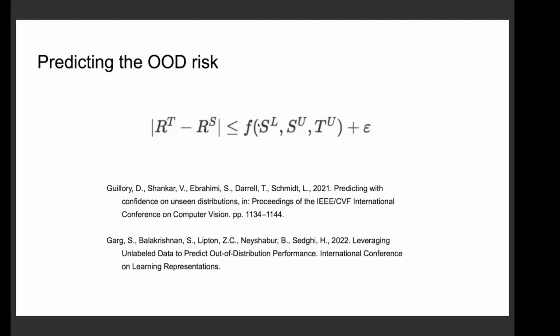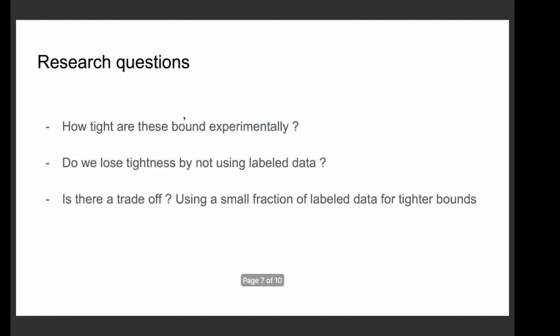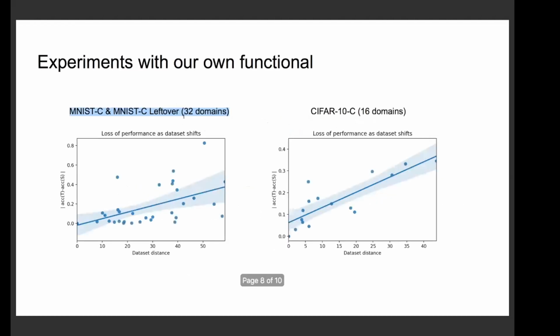But these methods do not try to compute the uncertainty. Their approach is more to predict the out of distribution risk. And we want to have one big set of methods and just try to compare them on the basis of the dispersion metric.